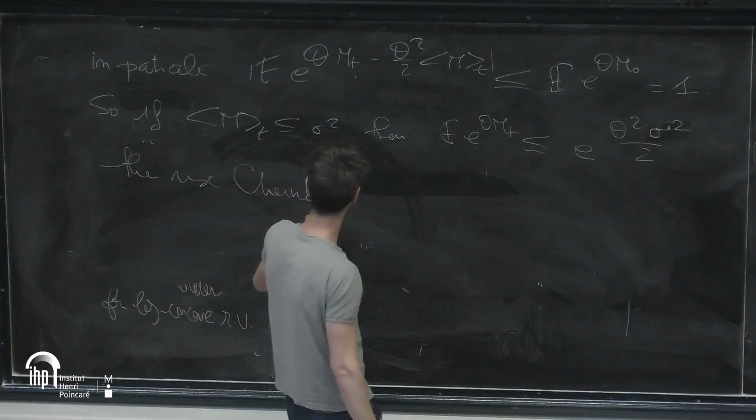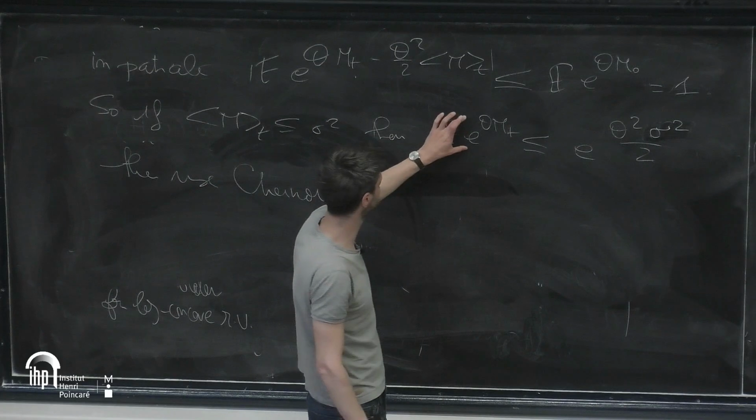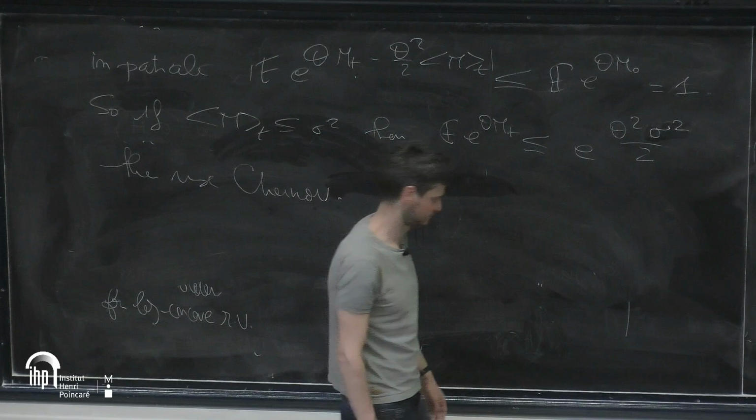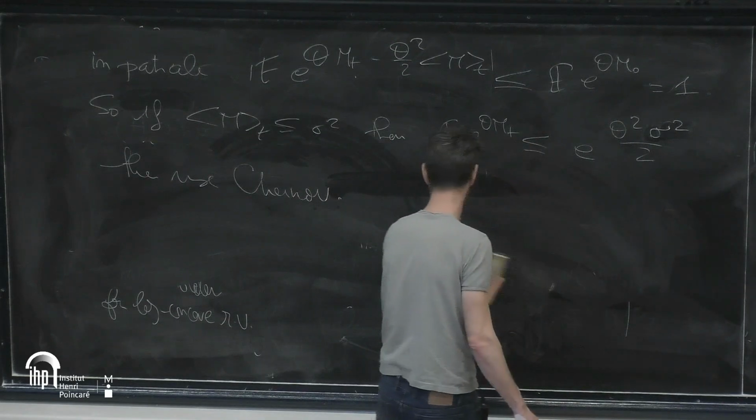So what I call Chernoff is you apply Markov inequality to e to the theta MT and then optimize in theta. Some people call this Chernoff.